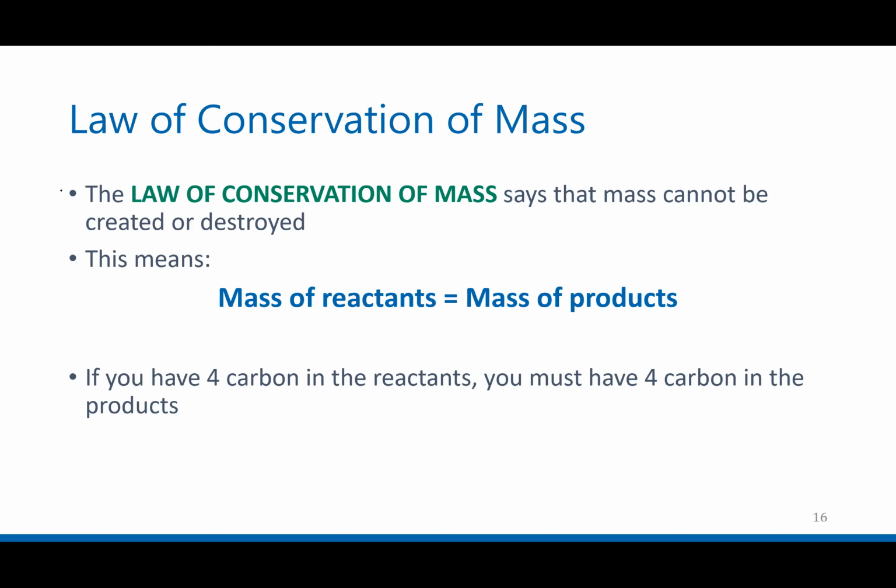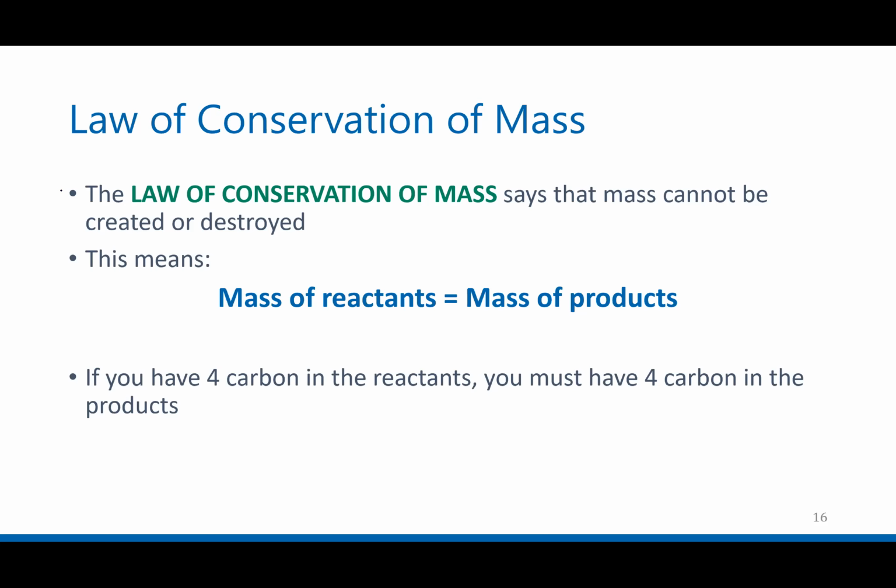The only time that you would feel that this wasn't happening, I've seen it before, is when students do an experiment and they weigh it at the beginning and then weigh it at the end, and they notice that the masses are different. That's because you might spill some, or some might be stuck to your stirring rod or temperature probe.